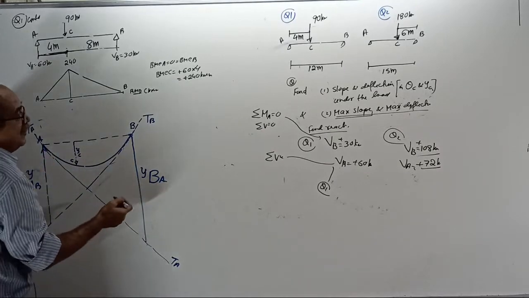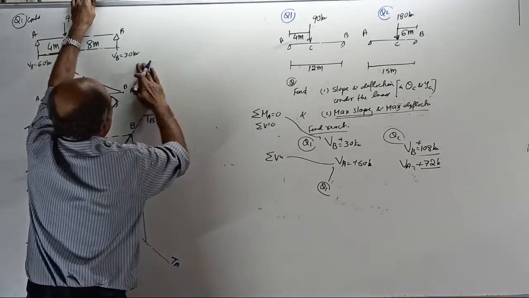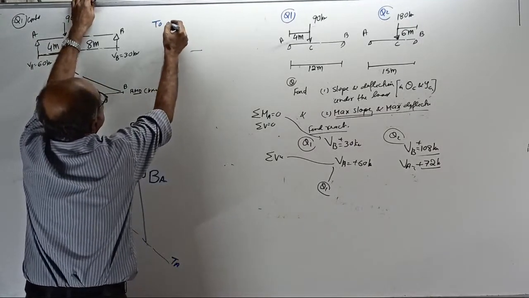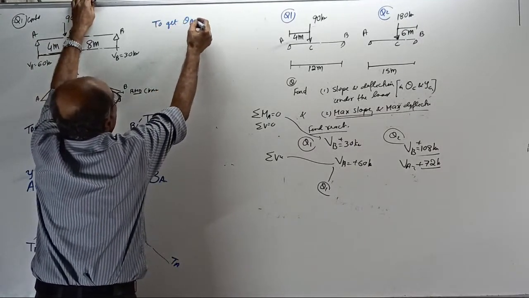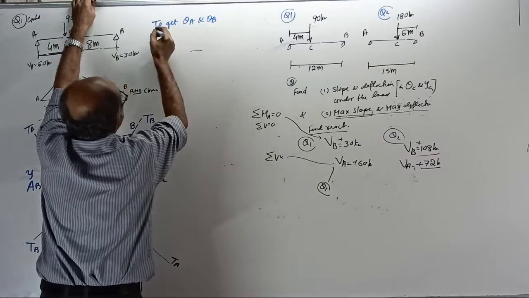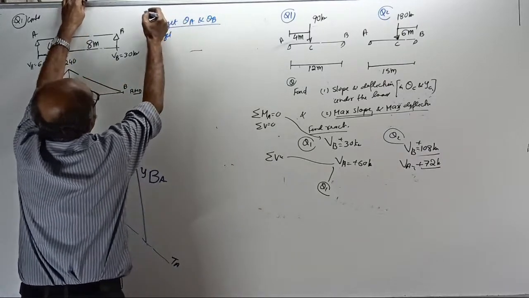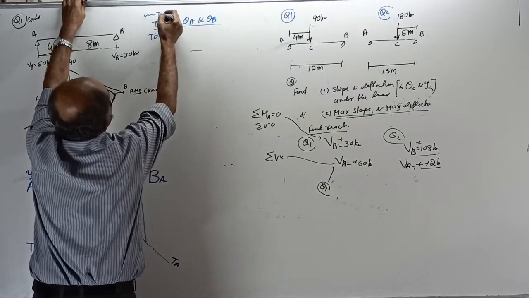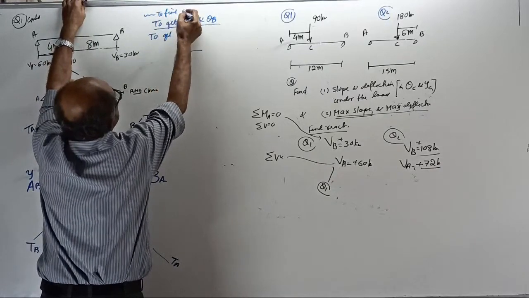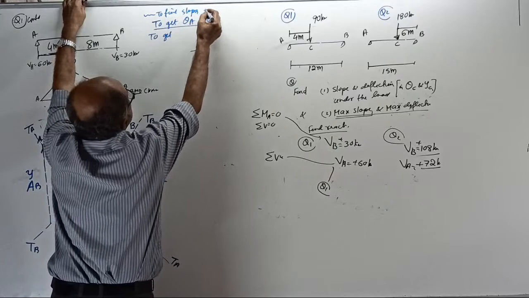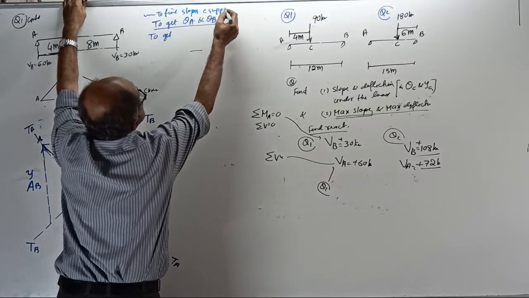Now, first to find what? To get theta A and theta B. First step is always to find slopes at supports. Slopes at supports.